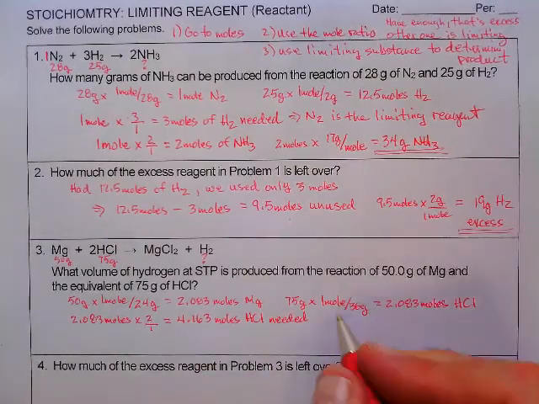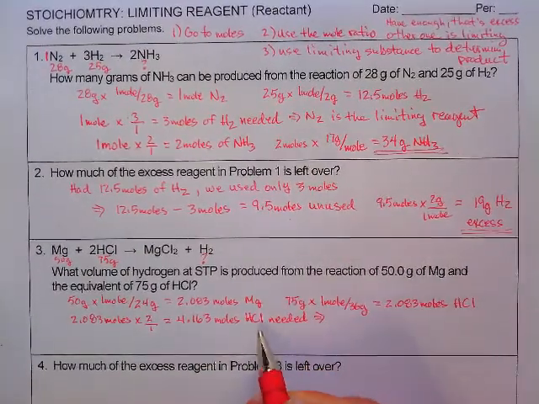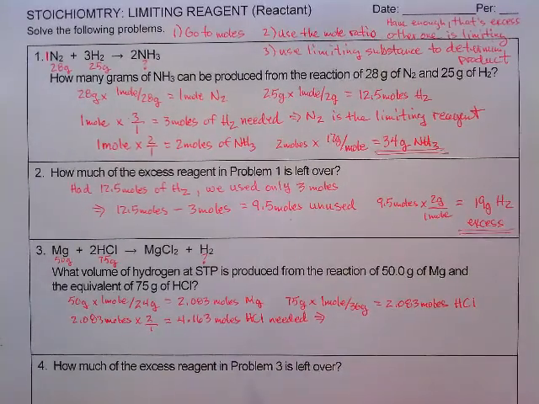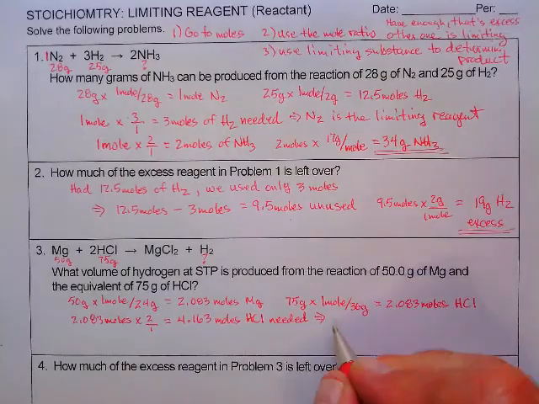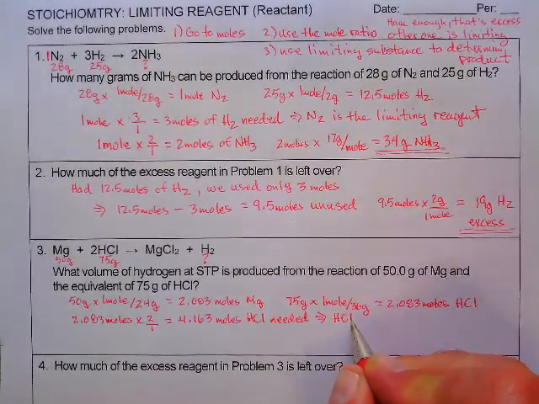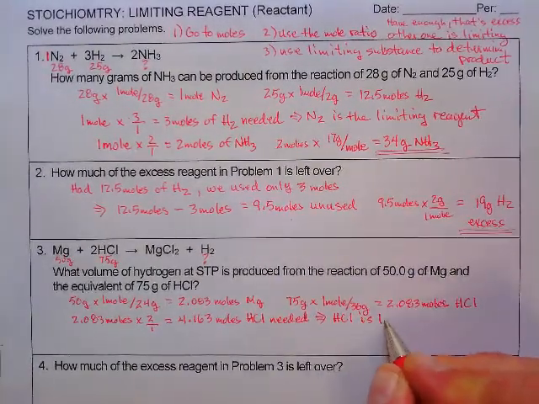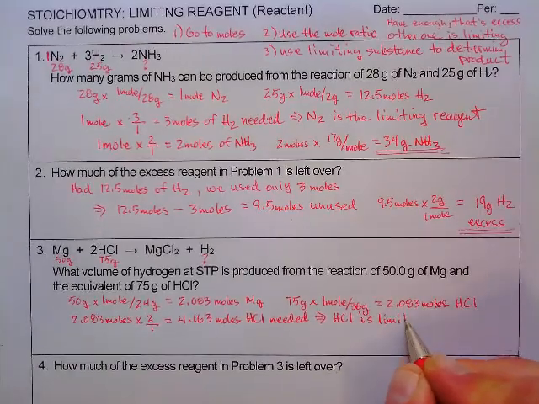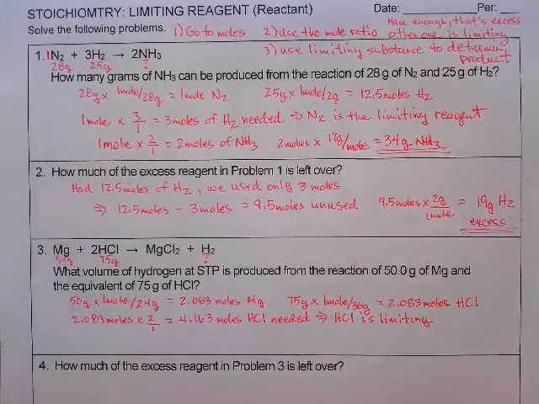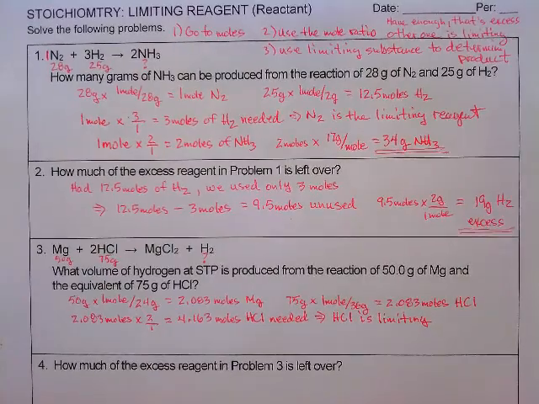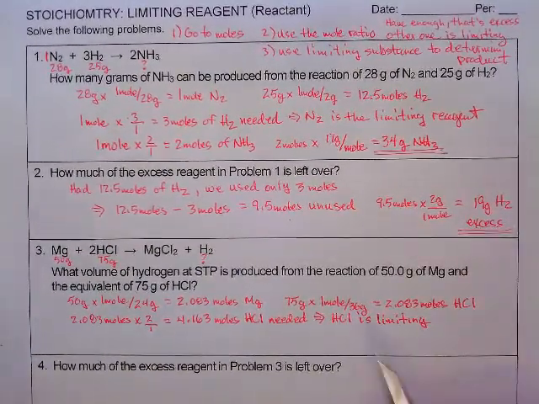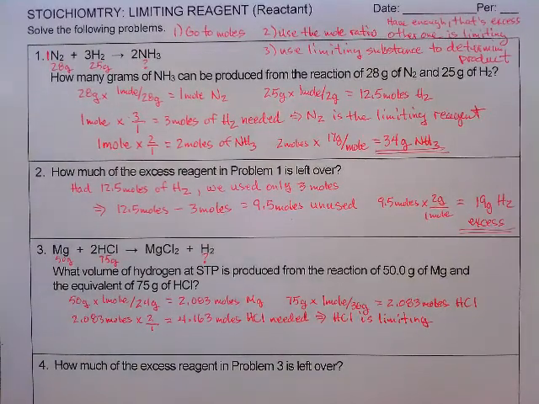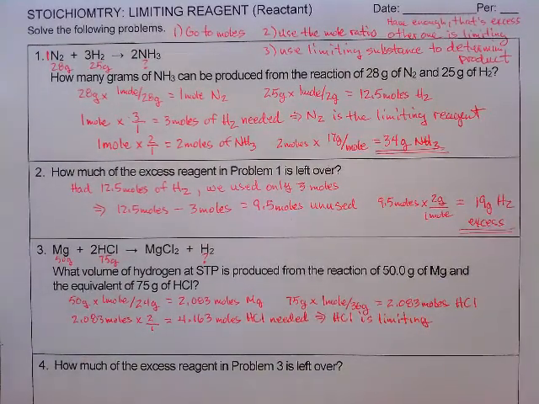I've only got 2.08. In other words, I'm going to run out of HCl if I actually wanted to use all the magnesium. Therefore, the HCl is limiting. Which means then that's the one I will use to figure out how much hydrogen I'm actually going to produce.